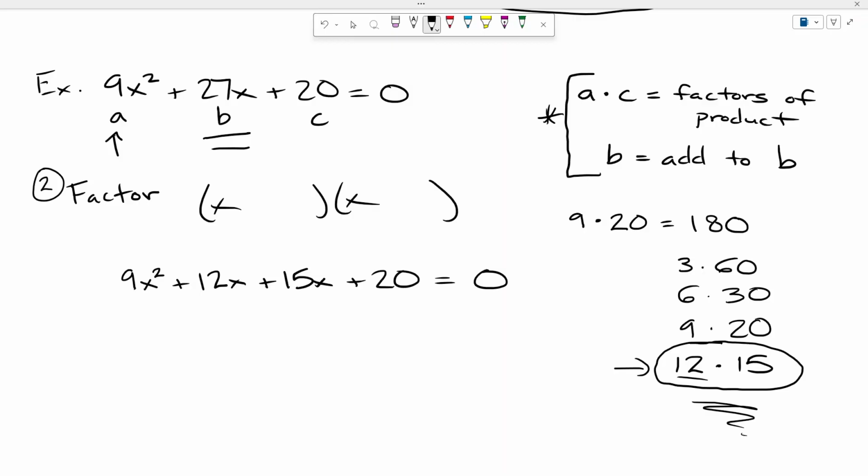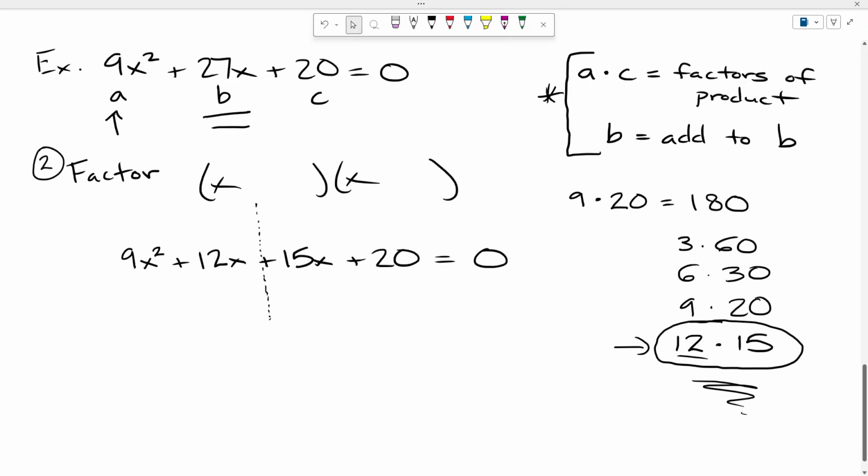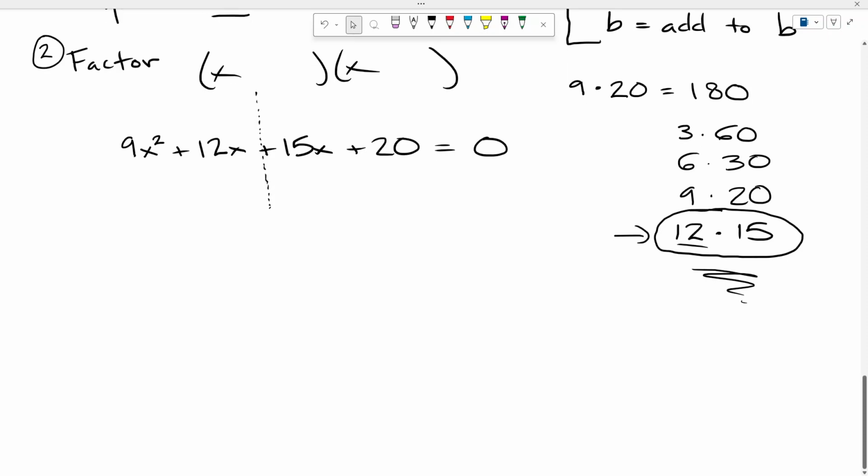And then what we're going to do from here is factor by grouping. So we're going to cut this right down the middle here. Okay? Cut it right down the middle, and what we want to do is pull out the largest number we can from each side individually. We're splitting it in half.